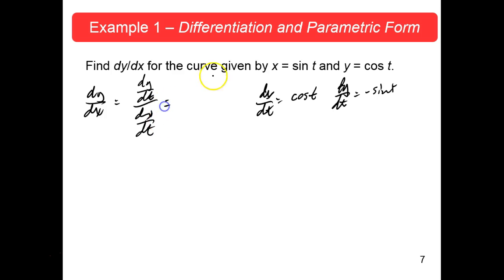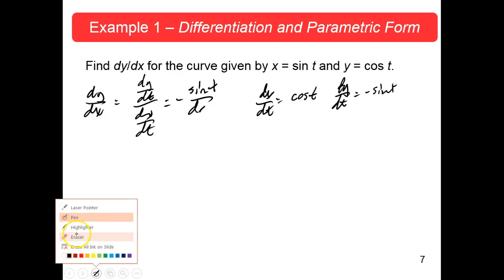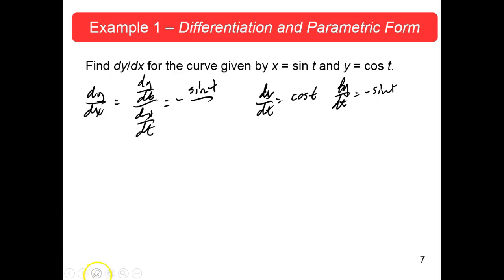So this would be minus sine t over cosine t, which is, what's another name for that? Negative tangent t, exactly.